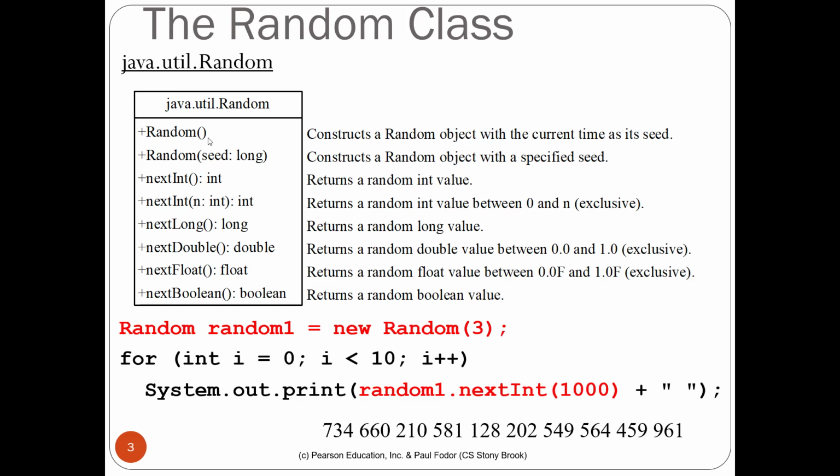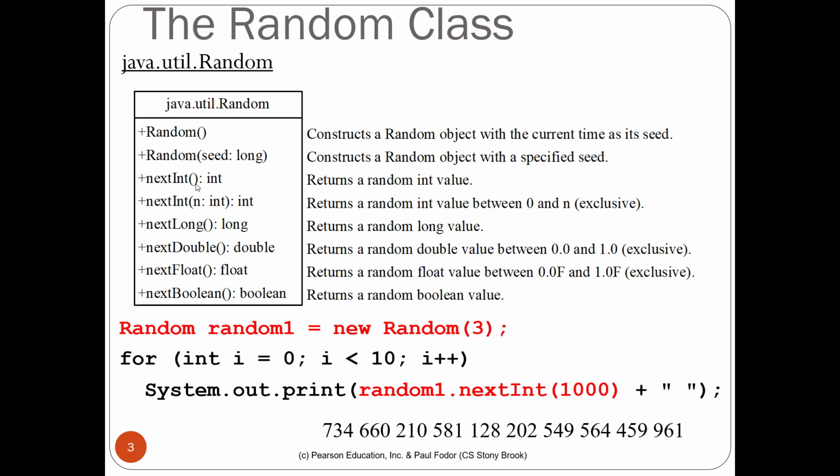But with this random class, once you create the random object, you can call nextInt, and nextInt also has two versions. There's this nextInt method that does not expect any input, whereas the other nextInt expects an input. So we will try how these two things are different with the help of the demo.